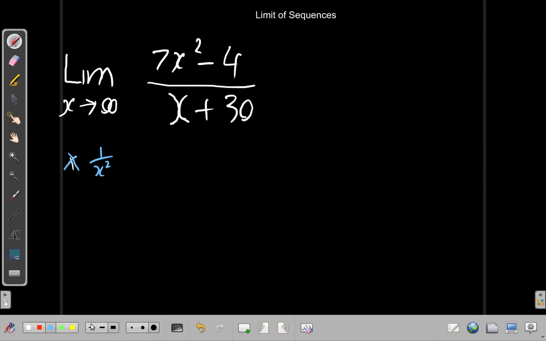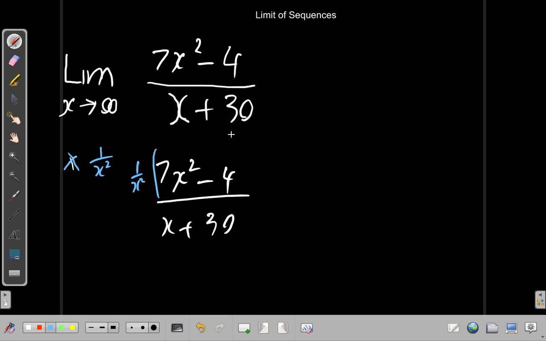It's the same value that the expression will have, but it just looks different. So if I rewrite this and say 7x squared minus 4 over x plus 30, and this times 1 over x squared, and this times 1 over x squared, what will happen here is this.